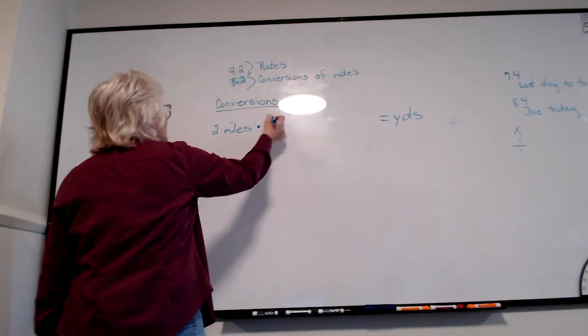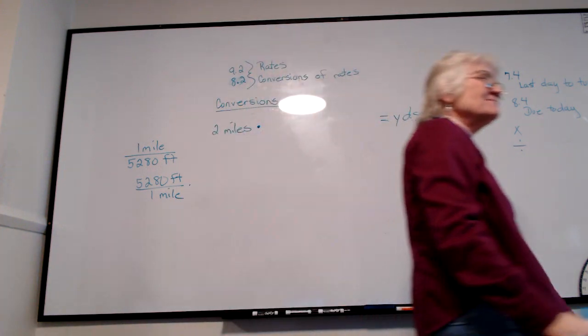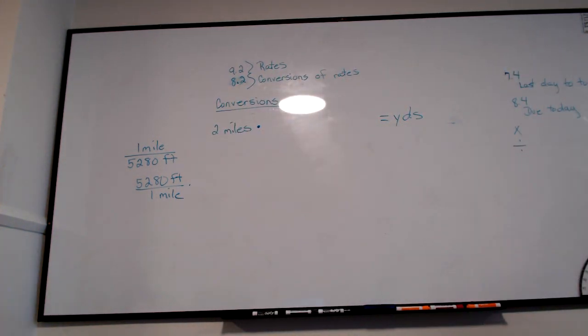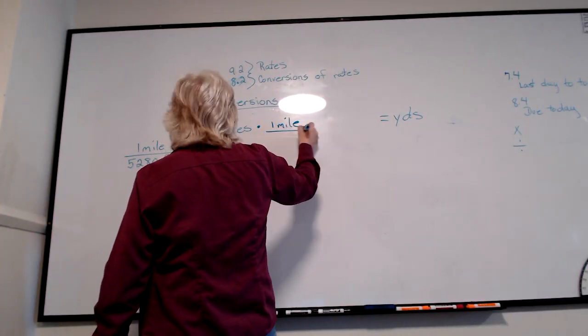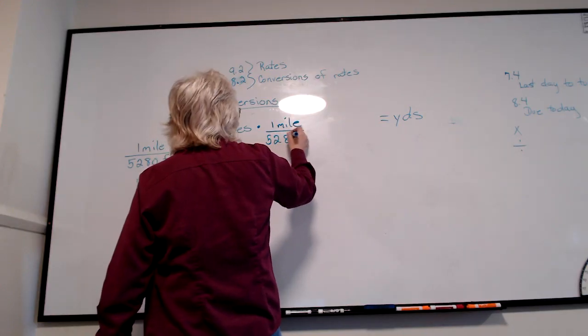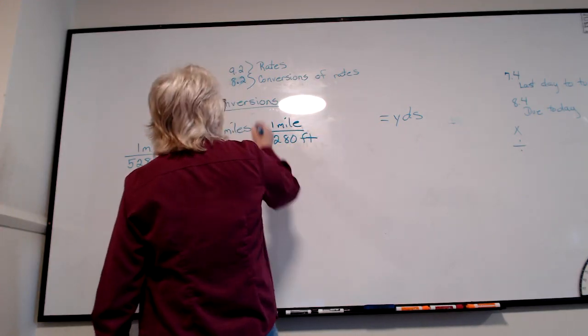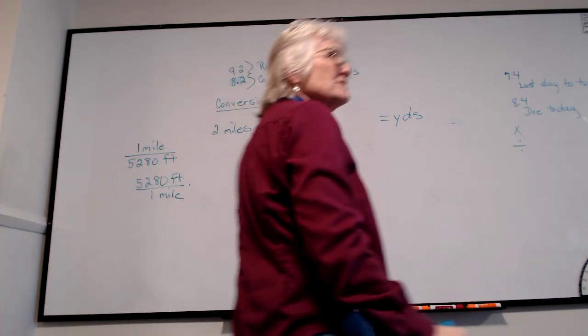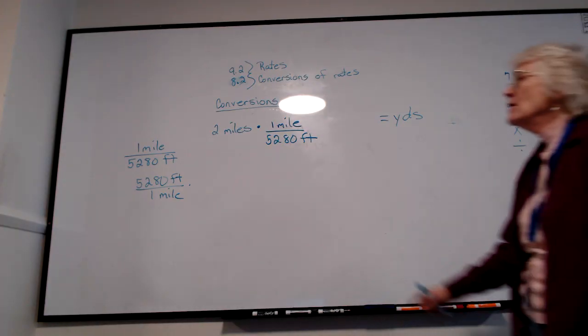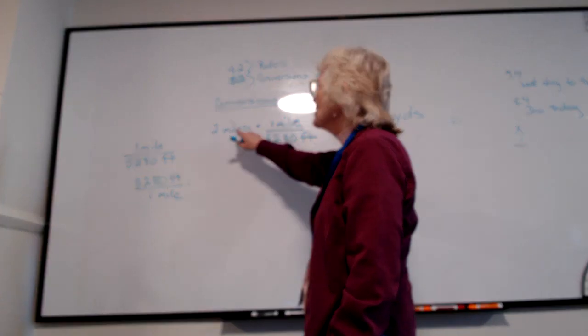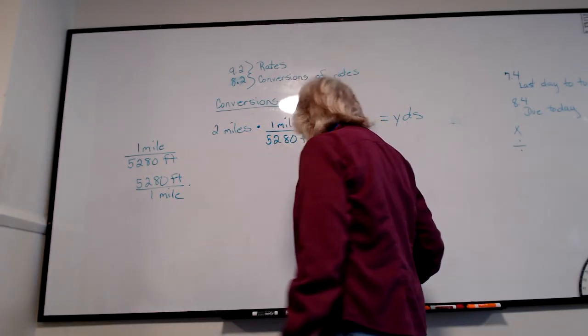Because miles times miles will cancel out, right? Will they? So if I write 1 mile divided by 5,280 feet, those miles cancel out because one's on the top and one's on the bottom. Is that correct? No, it's not. Because I want the mile to be on the bottom so it cancels with my miles here.